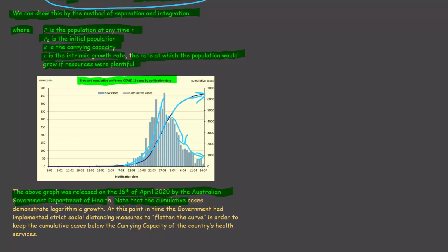Note that the cumulative cases demonstrate logarithmic growth, or exponential growth if you like. At this point in time, the government had implemented strict social distancing measures to flatten the curve, in order to keep the cumulative cases below the carrying capacity of the country's health services. And so this stuff is all practical and used in the real world.